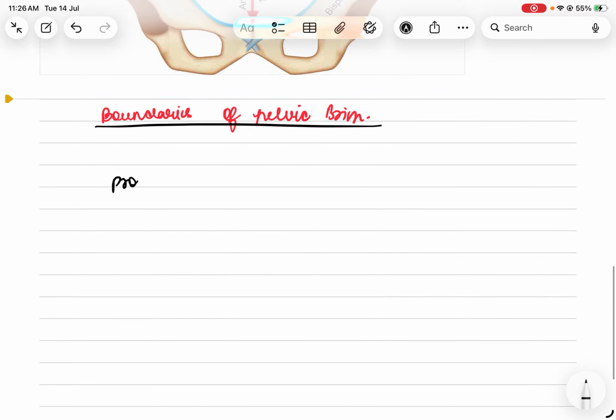We have promontory, sacroiliac joint, iliopectineal line.